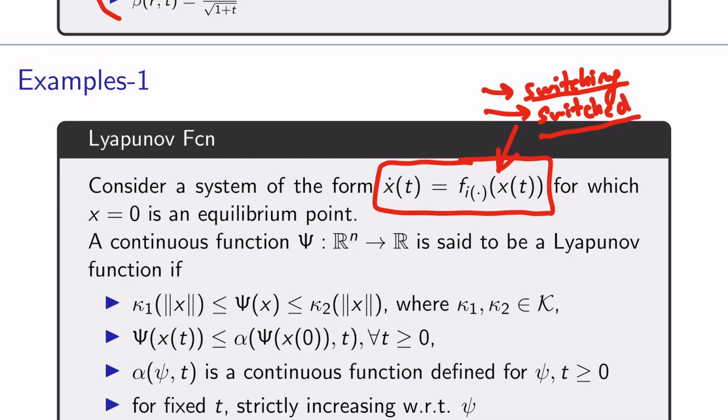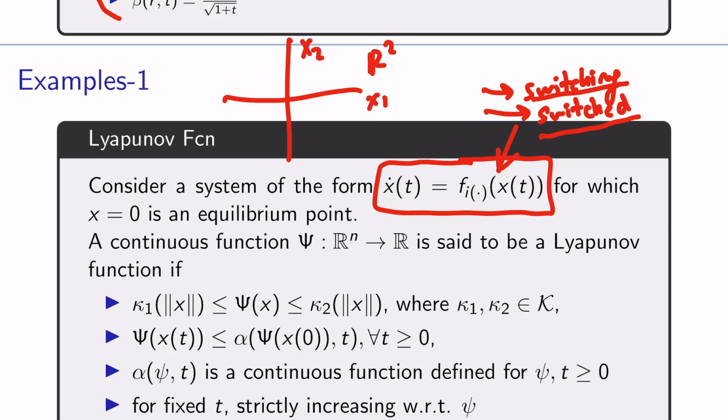However, a switched dynamical system is one where we have some dynamics and we are switching between them, but the way we switch is governed by internal signals. Imagine R2, with x1 and x2.